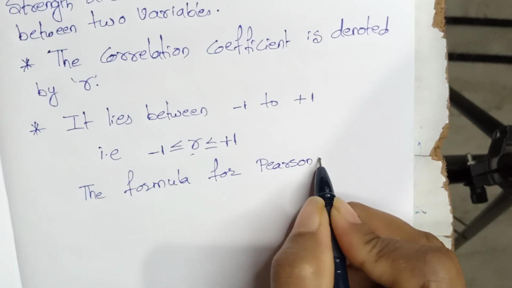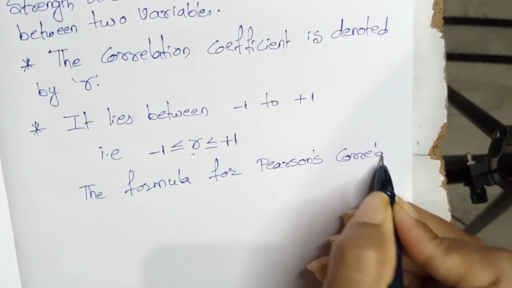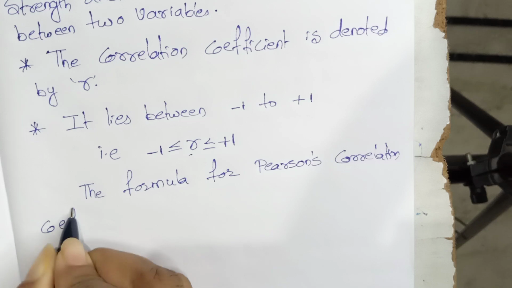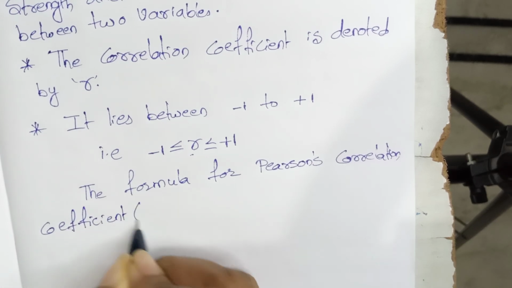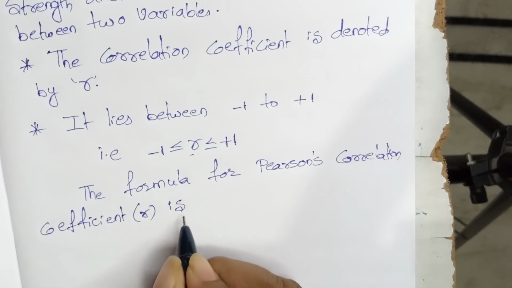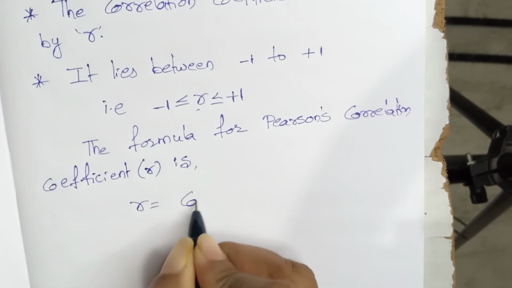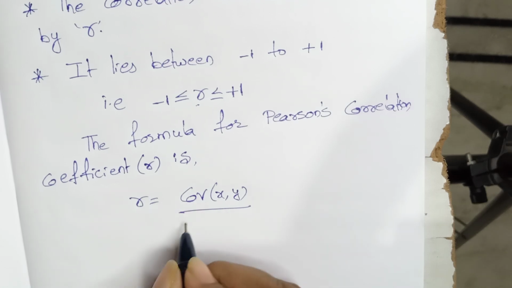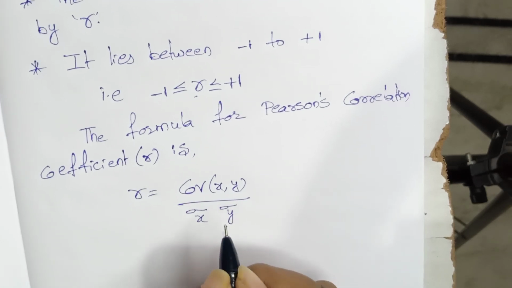The formula is R equals covariance of x comma y divided by standard deviation of x into standard deviation of y.